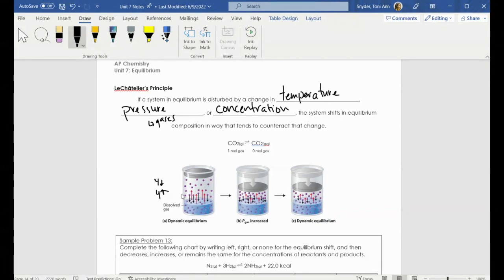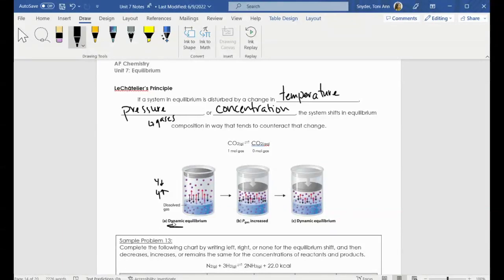So the number of those arrows is telling us that the rate at which the CO2 goes from dissolved in the water to a gas is equal to the rate at which the CO2 that's a gas gets forced back in to become dissolved. Those two rates are going at the same speed. And remember, we say that that's dynamic, right? So dynamic means that they're happening at the same time.